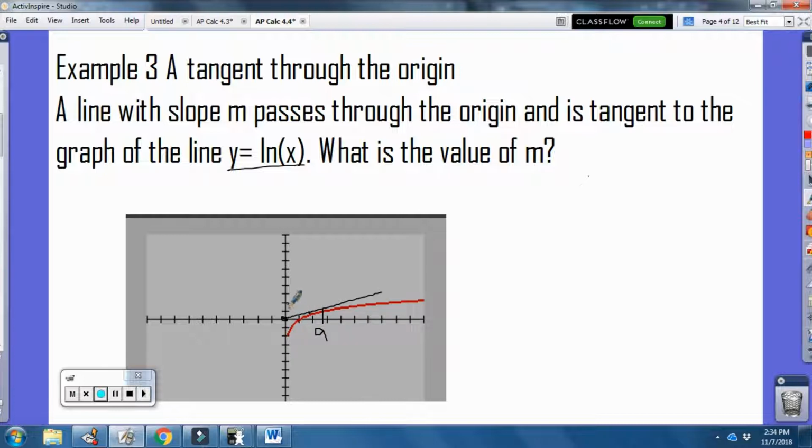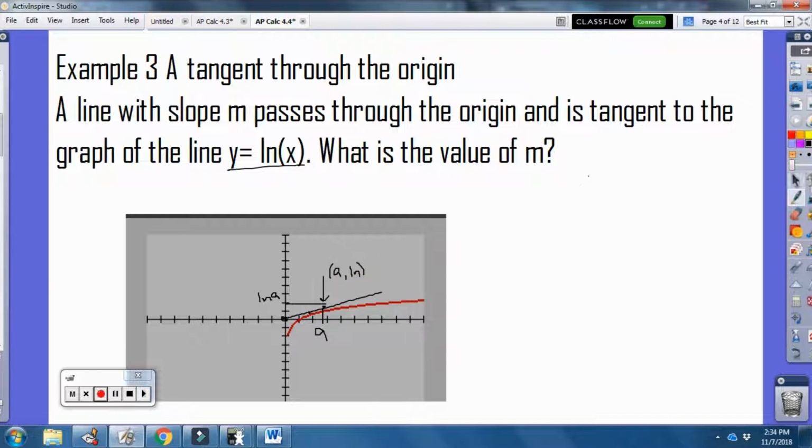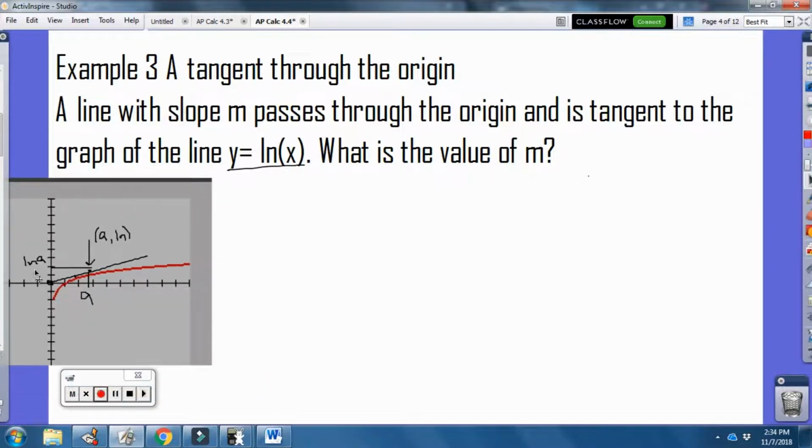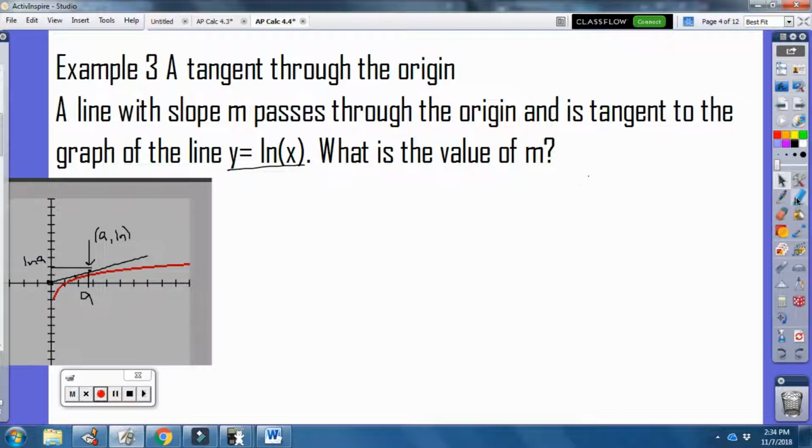And since this is the natural log function, this y value is natural log of a. So the point is something, and natural log of that same thing. Okay, we'll keep that in mind as we move forward here.